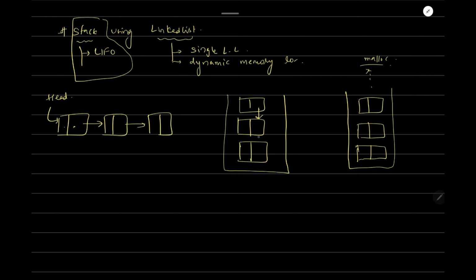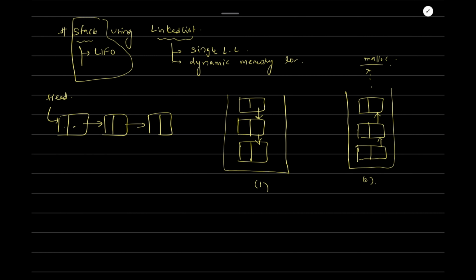So is this correct or is this correct? Let us see the difference between this and this. Which is correct to implement the stack, by using which type of linked list is it good to implement this stack? So now let us check.